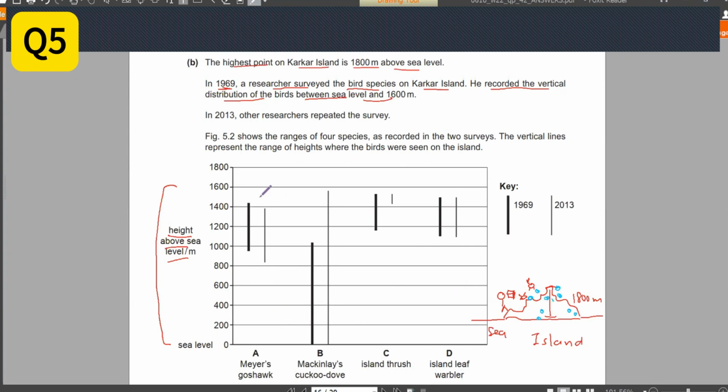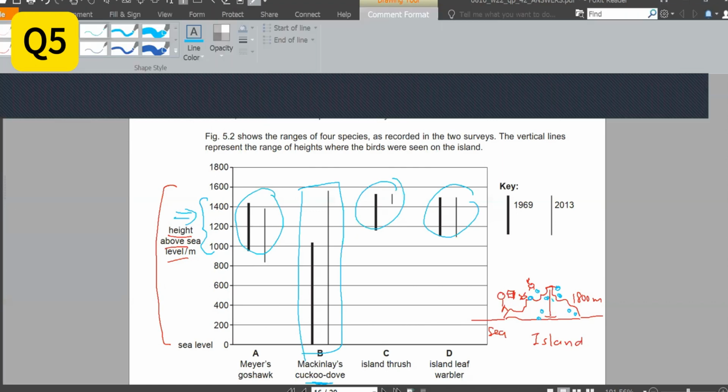For example, these three groups prefer to be in this region here. Maybe they can find food and safety there, so they mostly spend their time at the higher position. Then we have this cuckoo dove that can basically be anywhere. Any height is suitable for them. So this is the information that we can see so far.